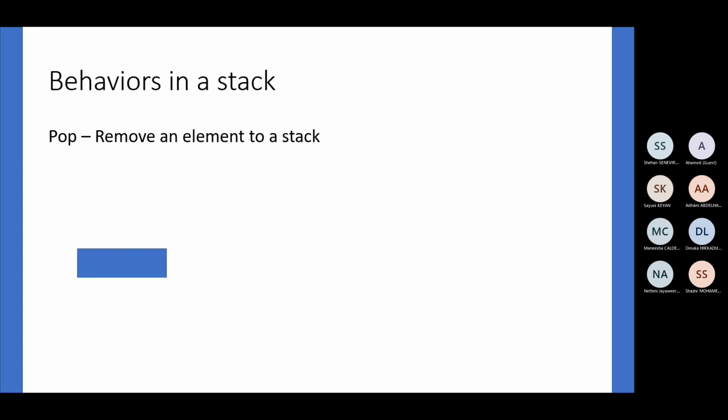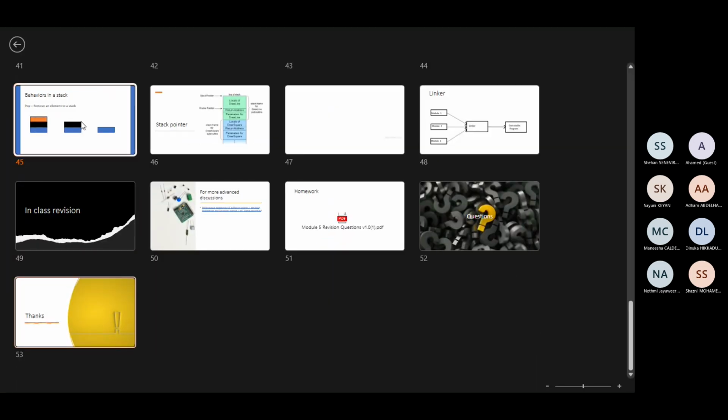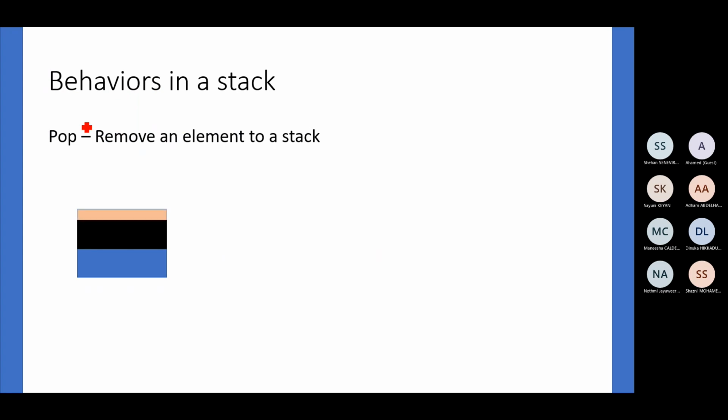Next, we are going to discuss pop, removing an element. This is the structure that we have. How can we remove an element? We can remove this element at the beginning. Right, so we can take it out. That is the pop operation.